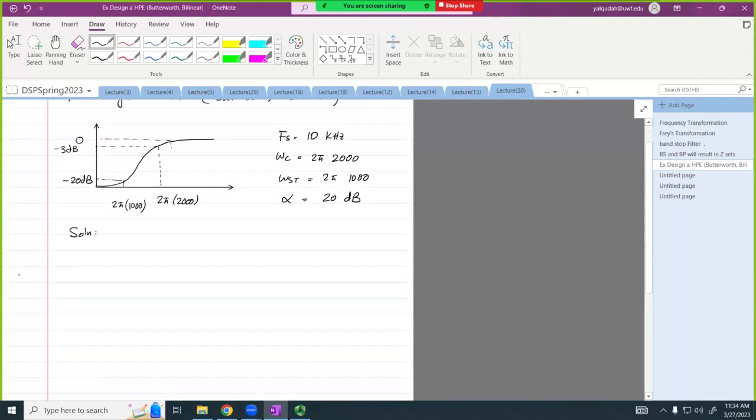So the first step is to pre-warp all the frequencies. So we're going to calculate omega c hat. It's going to equal 2 over T multiplied by tangent of omega cutoff multiplied by T divided by 2.